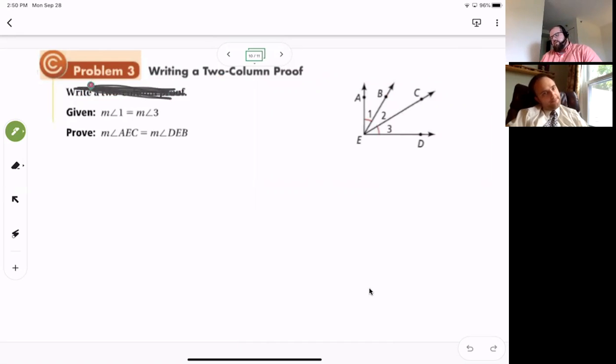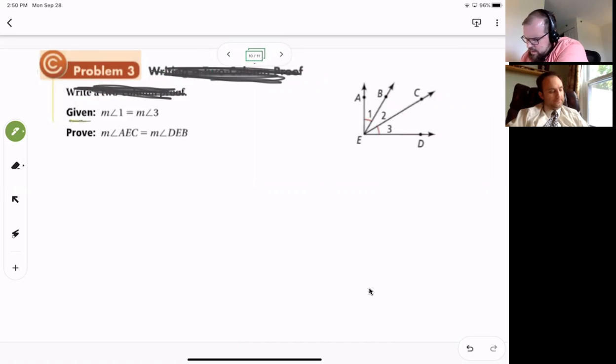All right, we're going to kind of ignore the idea of this crazy thing called a two-column proof and just talk a little bit about what's going on here. So again, we're given some information, and the information, oh, they've already marked it on here. That's nice of them. So we're told that angle 1, its measure is equal to angle 3. Cool. And then we want to show angle AEC.